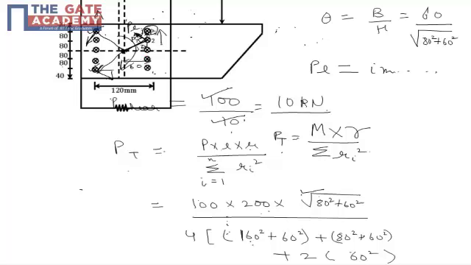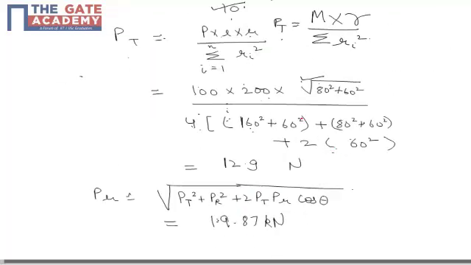If you talk about this bolt, that is in the line of 2, and similarly, say this is 2 dash, it will have a distance of 80 square plus 60 square, under root, and there are 2, this bolt and 2 dash, so 4 here, and the 2 bolts which are located in line with the center point will be at a distance of 60, and its square, that is 60 square, that is 2 times 60 square.